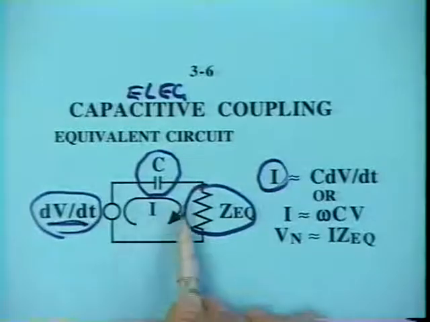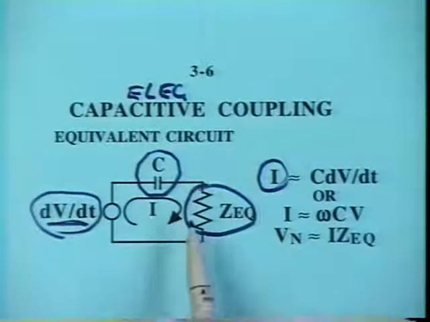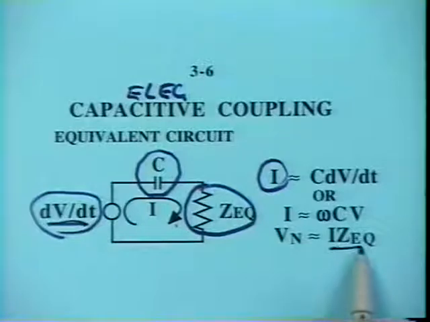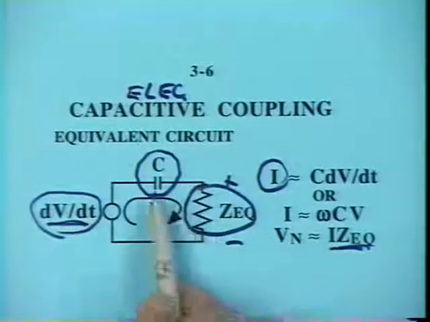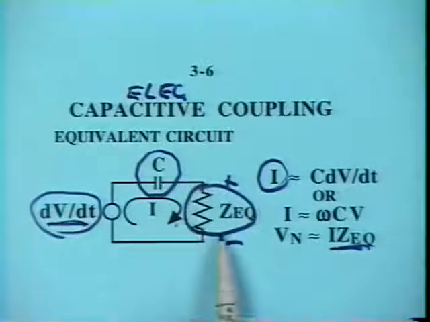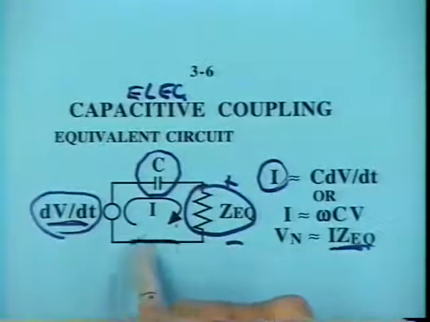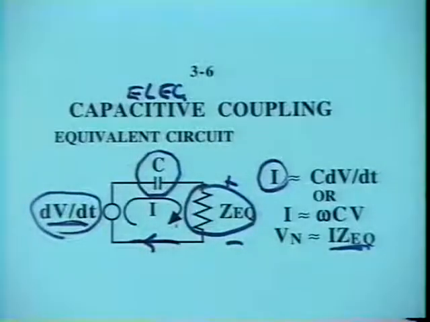What it does is it injects a current, and then as that current flows through the impedance of the circuit, it produces the voltage. So another thing we need, of course, to have a problem here is some equivalent impedance across which this current can develop a voltage. And finally, we need a return path for the current back to its source.